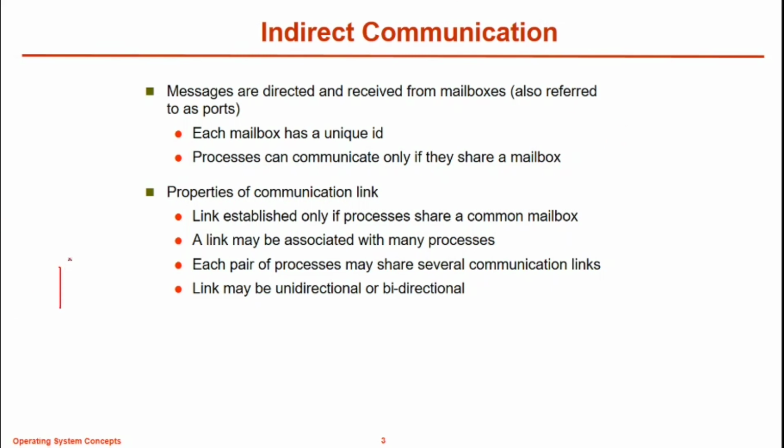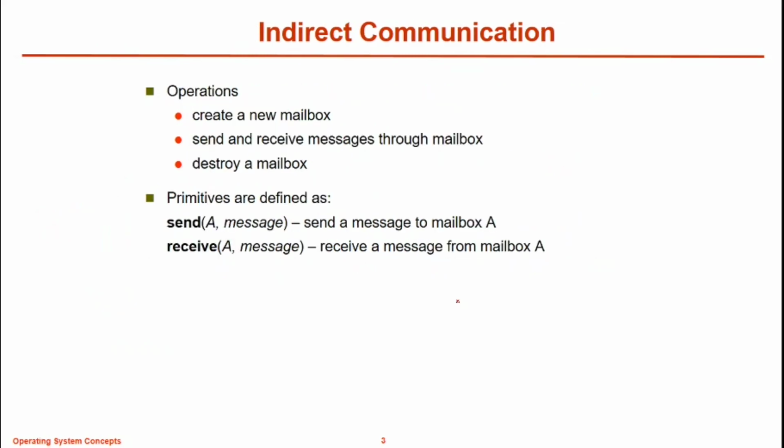So if P and Q share the same mailbox, then there will be a unique ID for both. A link may be associated with many processes. Each pair of processes may share several communication links. A link may be unidirectional or bidirectional, same as for direct communication.